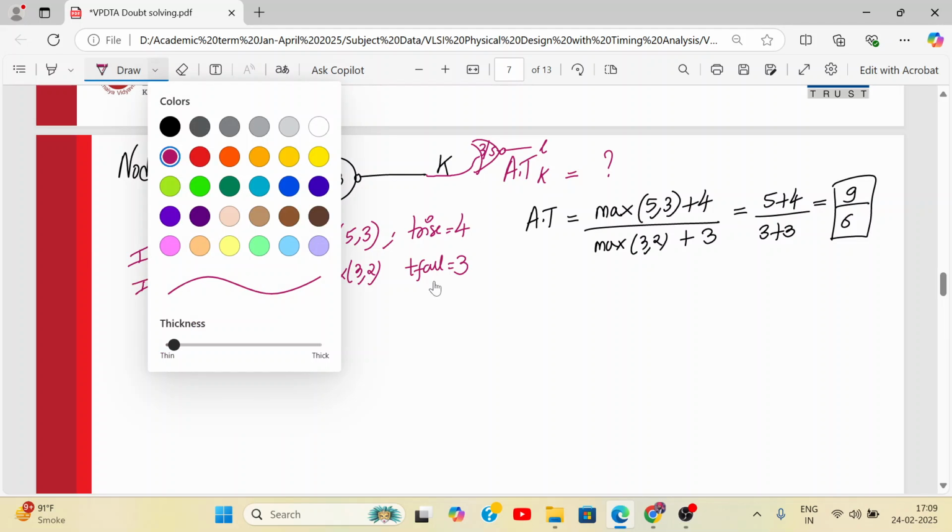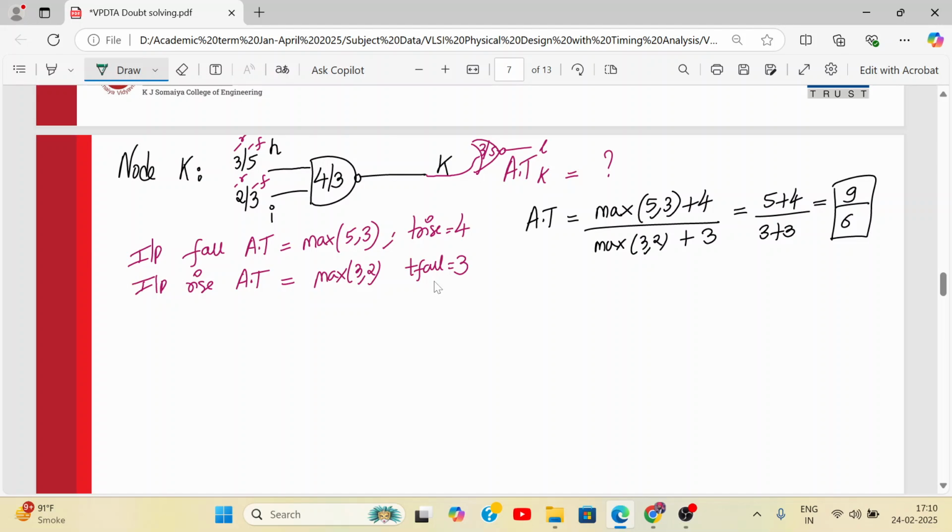So now let's calculate the output rise required time. How much is it? So what's the rise time for this node L?